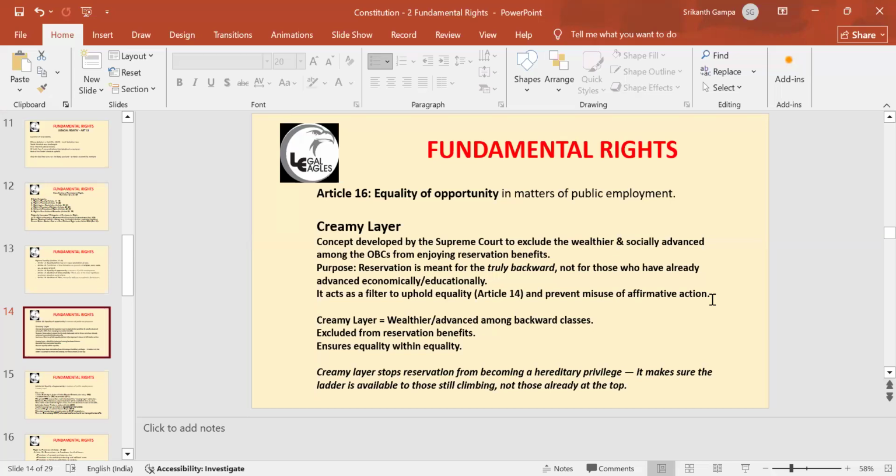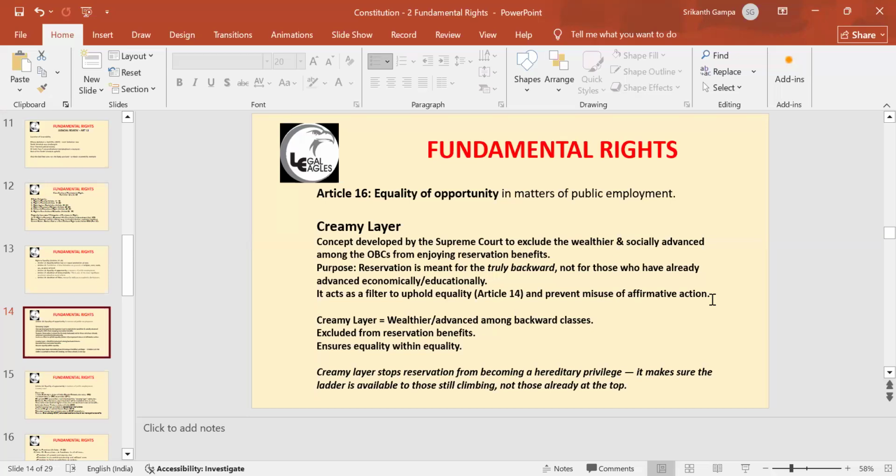But there is an exception where only a few people are taking advantage of the reservation. The concept was developed by the Supreme Court to exclude wealthier and socially advanced among OBCs from enjoying reservation benefits.